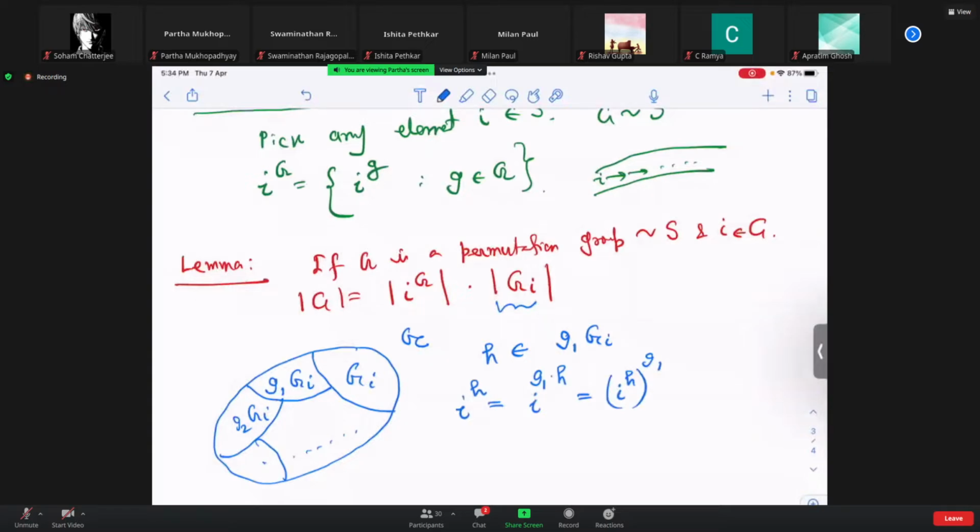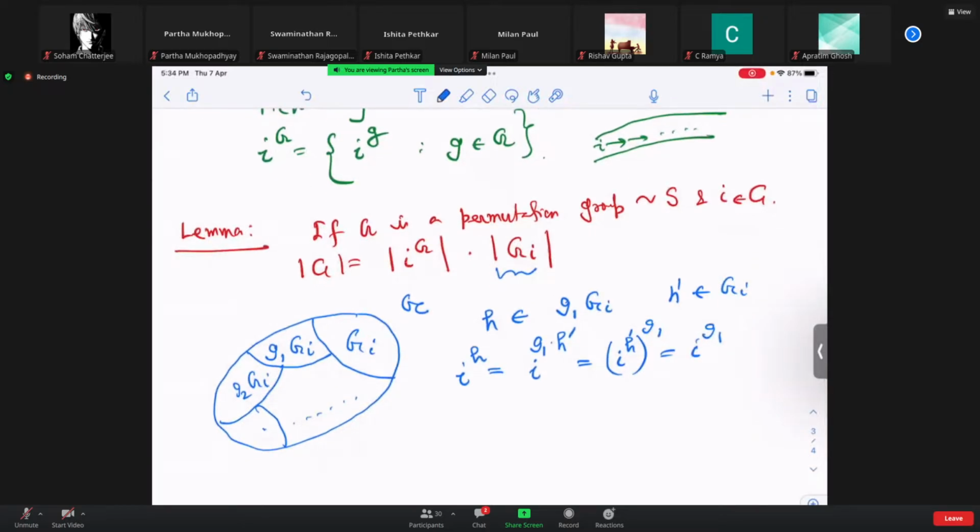But H fixes I, sorry, it should be H prime. So H prime fixes I because H prime belongs to G_I. So this I^H will be moved to wherever I^G1 goes. That means every coset element will move I to the same element, right?